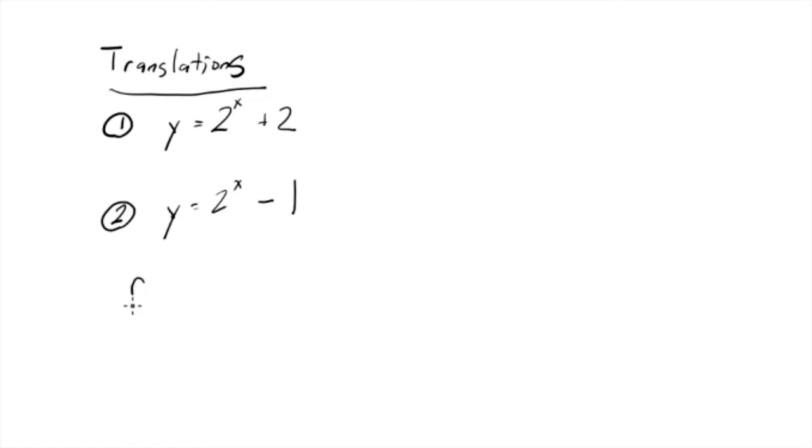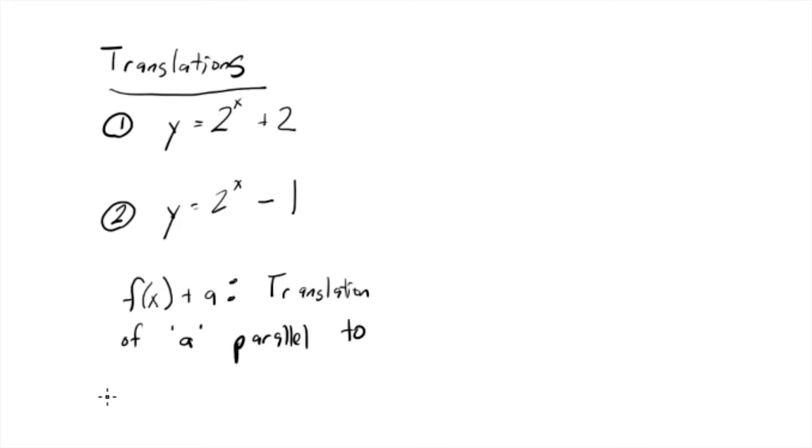We have f of x plus a. This gives us a translation of a units parallel to the y-axis. So depending on what is a, it will be moving that many units parallel to the y-axis.